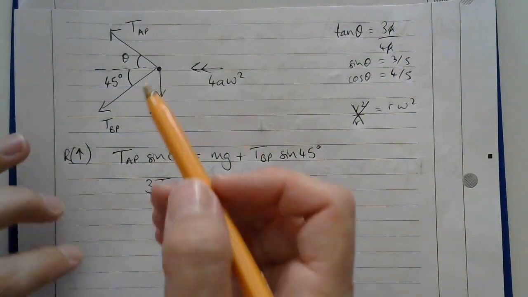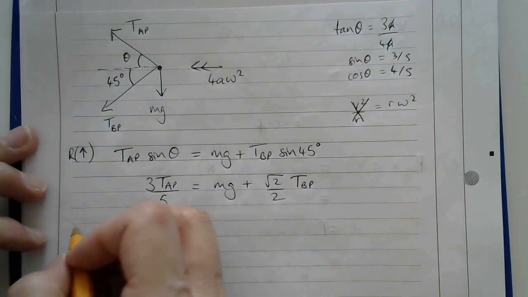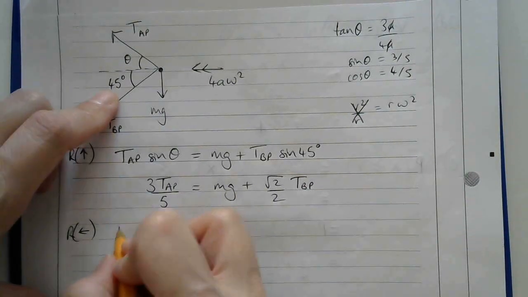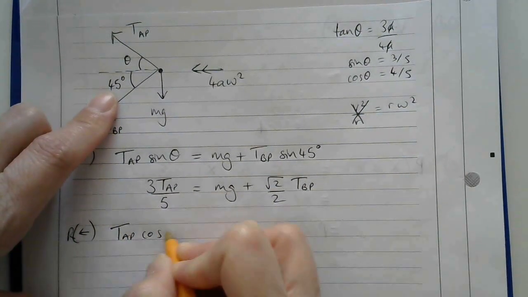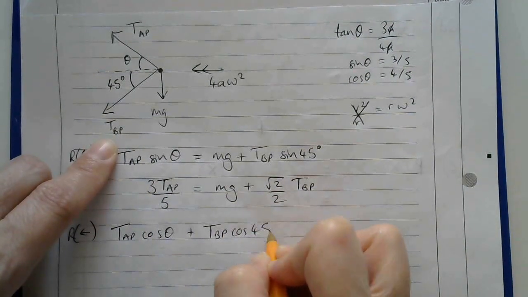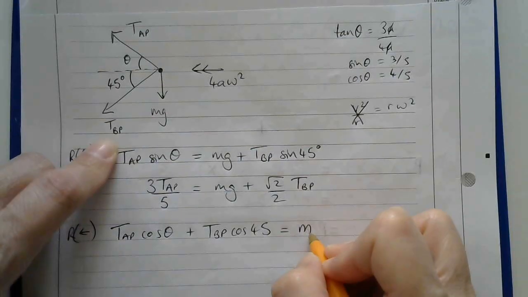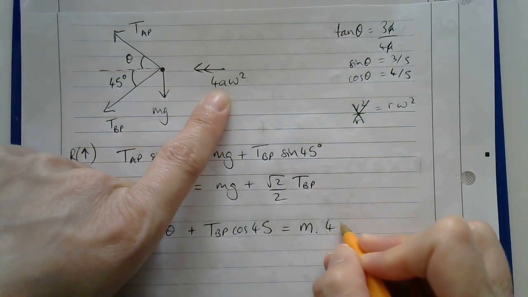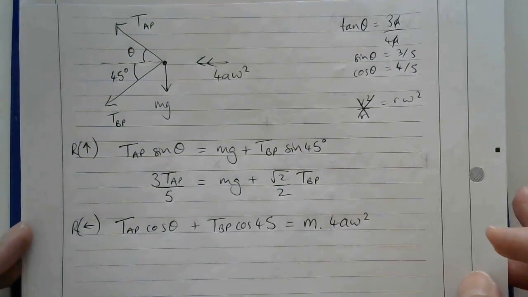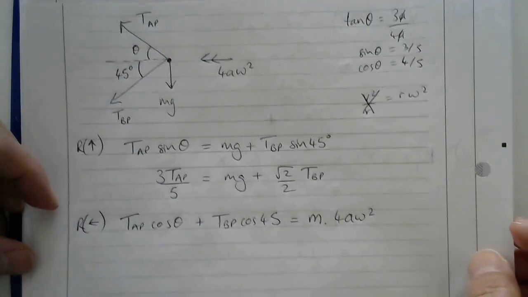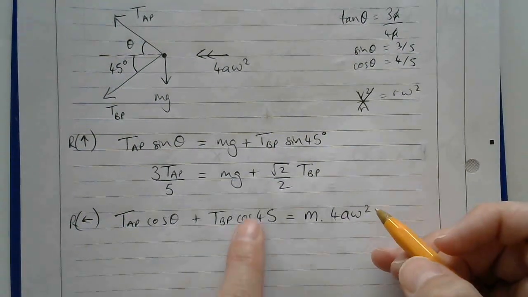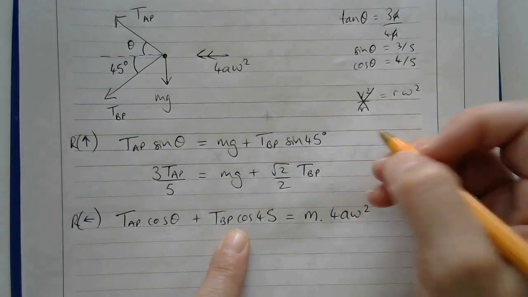Okay, then resolving towards the centre of the circle instead. In this direction it's accelerating, so I have TAP cos theta plus TBP cos 45 equals the mass, m, multiplied by the acceleration, which was this. Now because I'm looking for the tension TAP, I need to try to get rid of TBP.